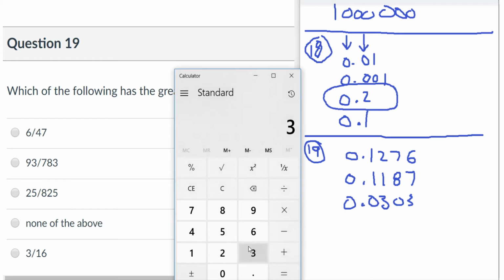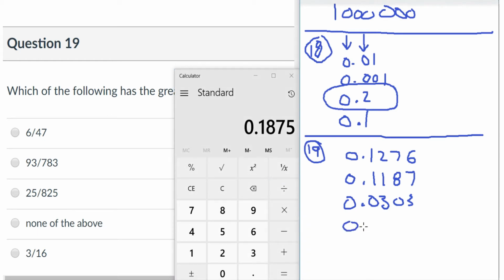And the last one, 3 divided by 16, we get 0.1875.